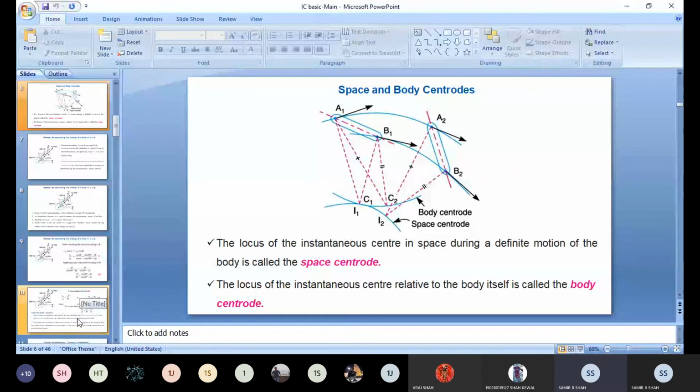Okay. So here once again we assume a rigid body in plane motion relative to a second rigid body. There is one rigid body A1 B1 and another rigid body A2 B2.